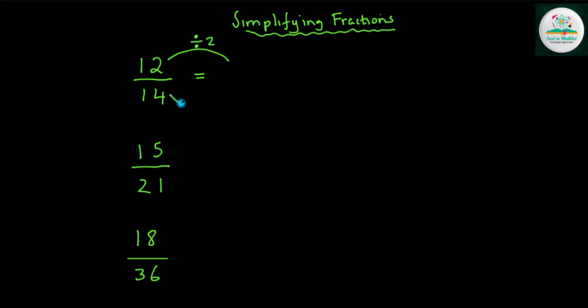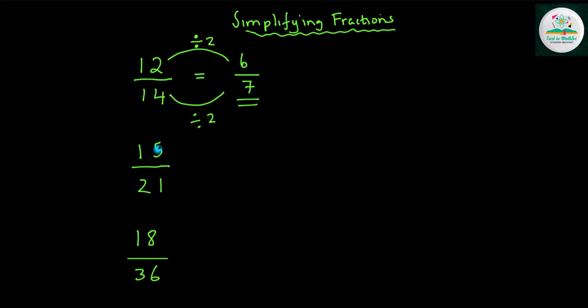So we divide the top and the bottom by 2. 12 divided by 2 will give me 6, and 14 divided by 2 will give me 7. So that is simplified into 6 over 7.